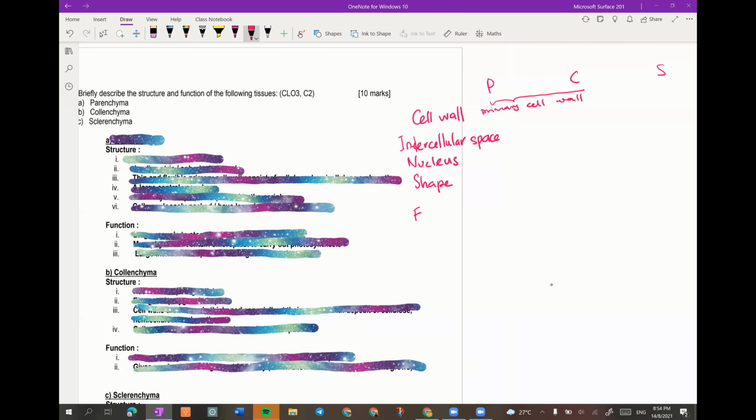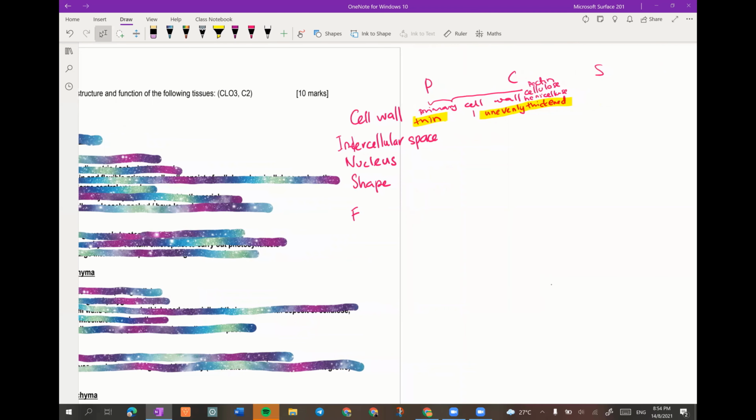Yang buat dia berbeza adalah untuk parenchyma dia thin, while untuk collenchyma dia unevenly thickened. So dua-dua ni ada basic one yang cellulose, hemicellulose and pectin. So dia ada ni, semua ni. Cuma yang buat bezanya adalah parenchyma thin and collenchyma unevenly thickened.